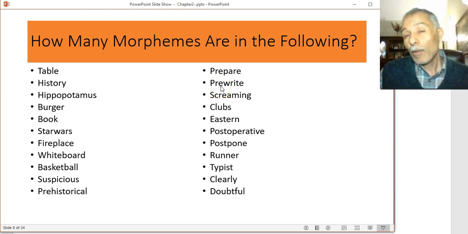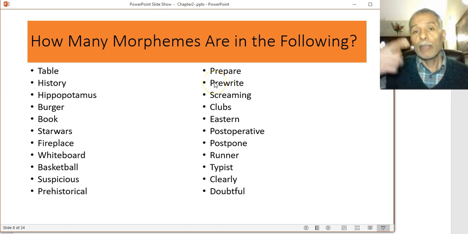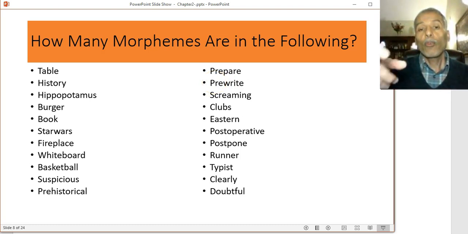Is there another word that you can use to add and produce the same meaning of before? So, prewrite, presort, history, prehistory. So it consistently means before.